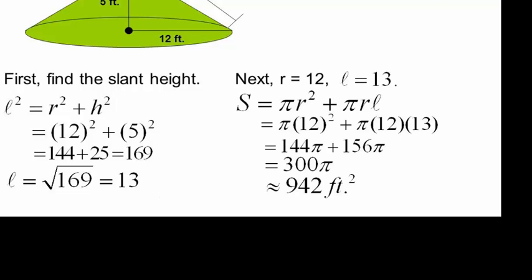Once I have that, now I'm ready to substitute those in and number crunch. And again, I know 12 times 13. It's easier to do it that way, times pi last.